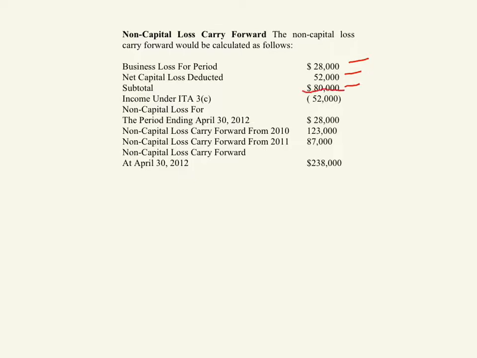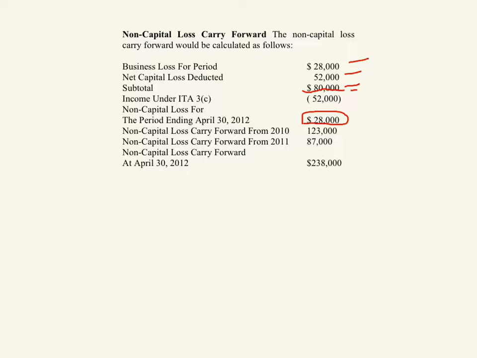If we look at the income calculated previously under Income Tax Act, Section 3C, it's 52,000. If we subtract that from 82,000, it gives us a non-capital loss for the period ending April 30th of 28,000.